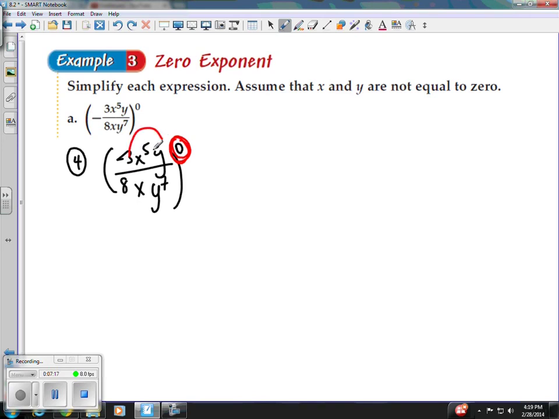So everything in here gets to go to the 0 power. And because everything inside this parenthesis goes to 0 power, everything in the whole parentheses reduces down to just 1. Because the whole parentheses is raised to the 0 power. So those are some of my favorite problems, because if you see a big parenthesis and it's all raised to the 0 power, you know it's automatically just going to be 1.